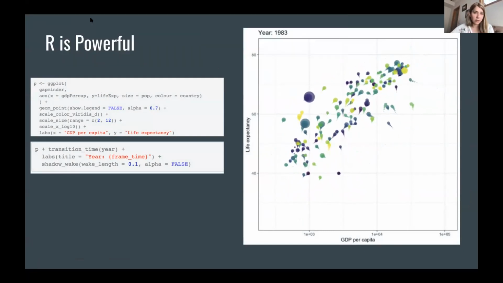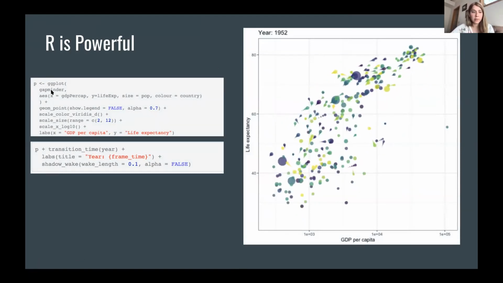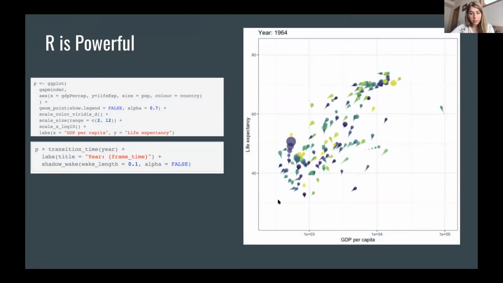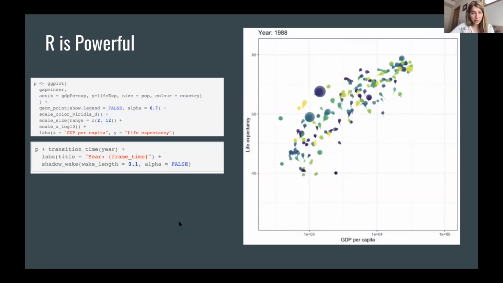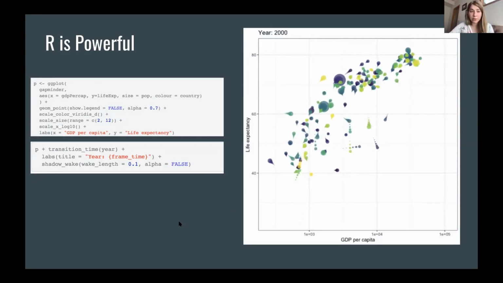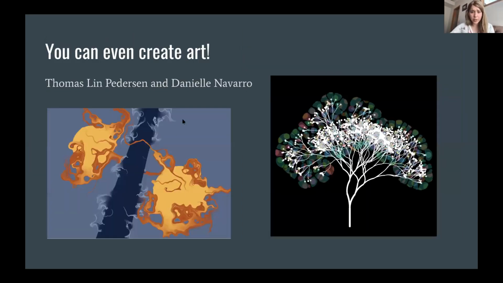Again, a really cool graph that you can make with just a few lines of code. So hopefully I was able to convince you that it's a really great tool to invest some time in learning. And I just wanted to end by showing that you can even create some art with it.